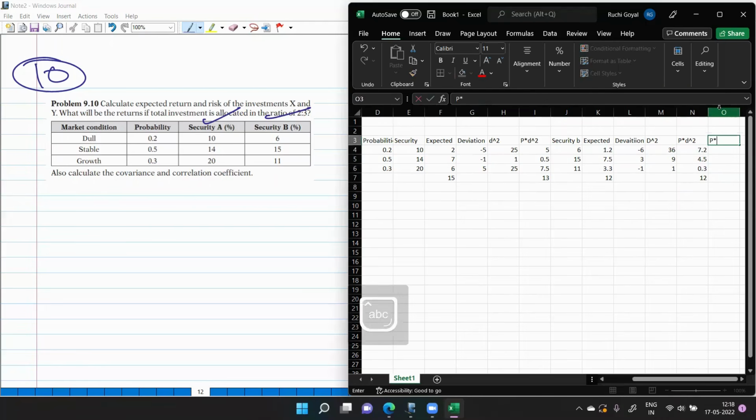So we went for P into D1 into D2. Why did we do this? I will tell you. P into D1 into D2.